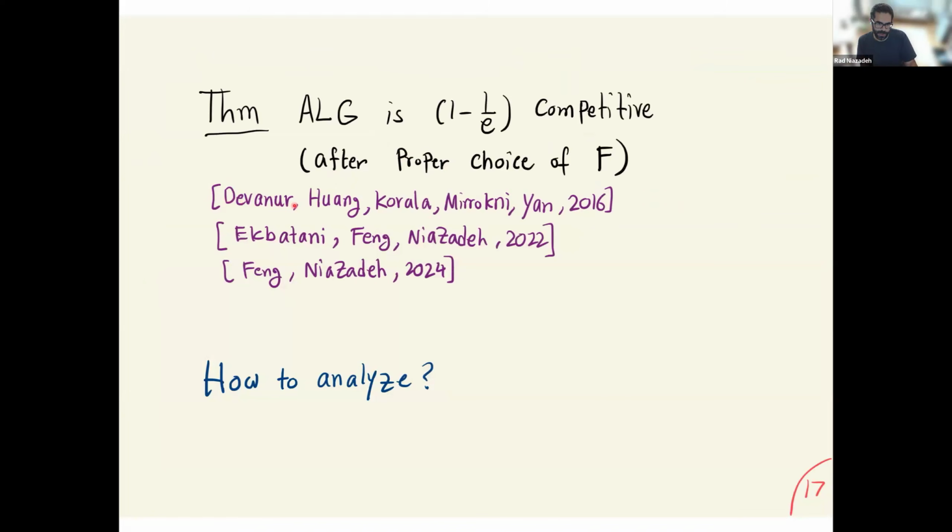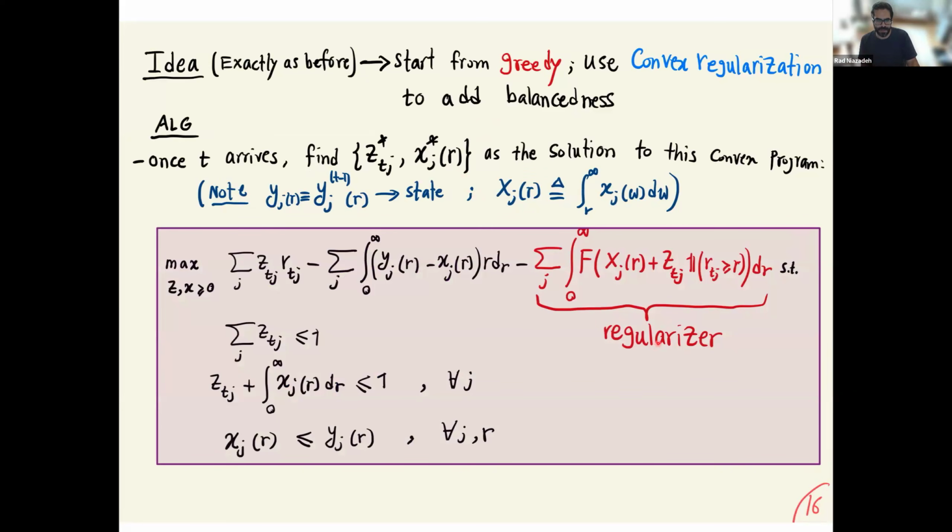there is this beautiful paper by Devanur, Huang, Korula, Mirrokni, Yan back in 2016. They have some sort of balanced algorithm that will give you 1 minus 1 over e competitive. That algorithm is essentially running a specific first order method on this convex program. I don't want to go into the details, but if you're curious, I can tell you later.